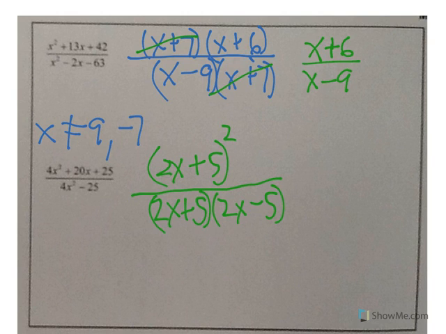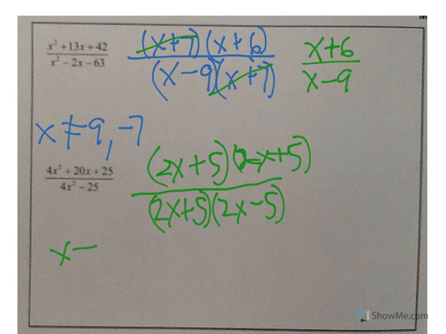So here, one way of thinking about it is, if I wanted to, I could rewrite this as this, if it makes it easier to understand, because that's just what 2x plus 5 squared is. And then it's easy to see that I can cancel out both of these. But before I do that, let's figure out the values that I can't have.